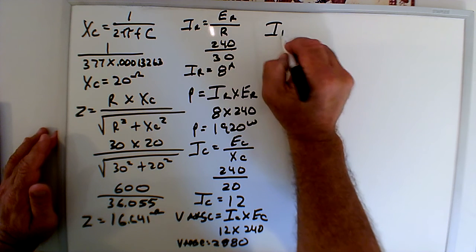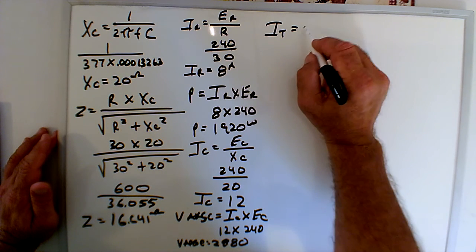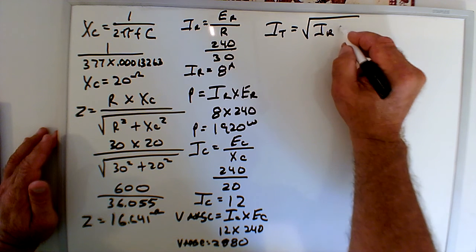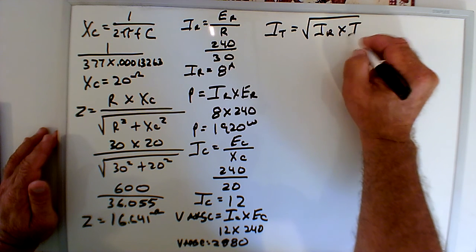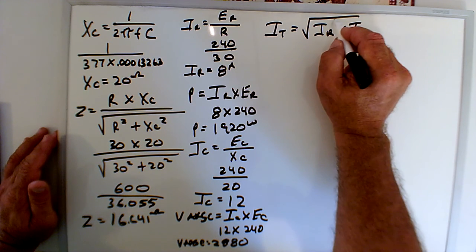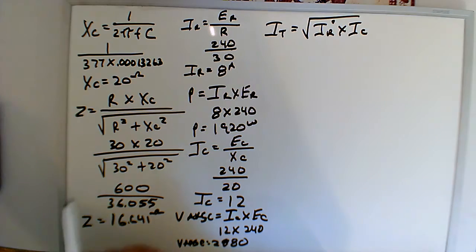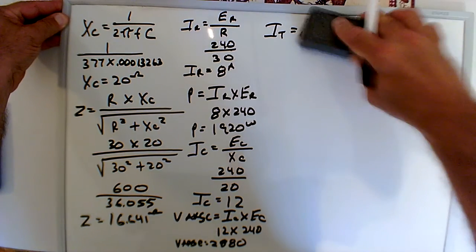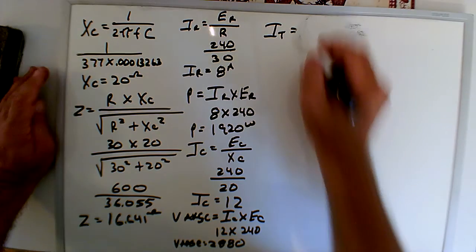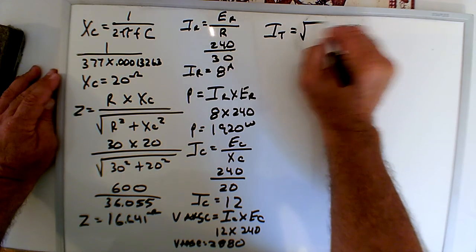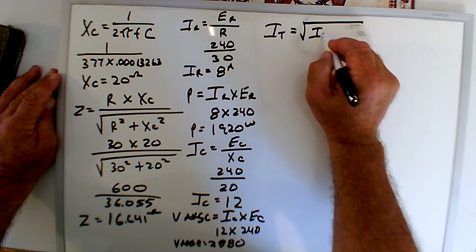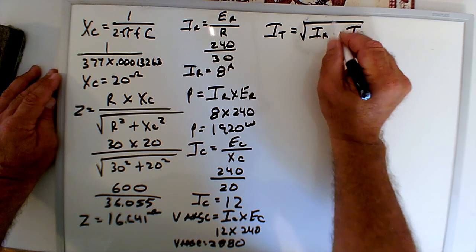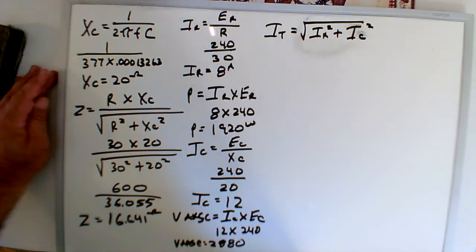IT is equal to the square root of IR plus IC, and these are both squared. Excuse me, I messed that formula up. Let's straighten that out. I don't want to confuse you.